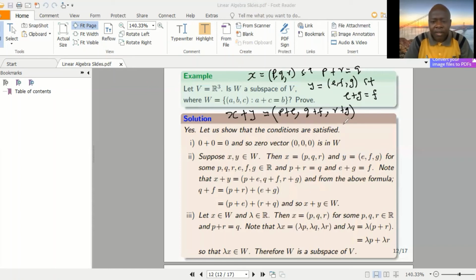The second element is Q plus F. Now, using this formula, what is Q? Q is P plus R. And what is F? F is E plus G.